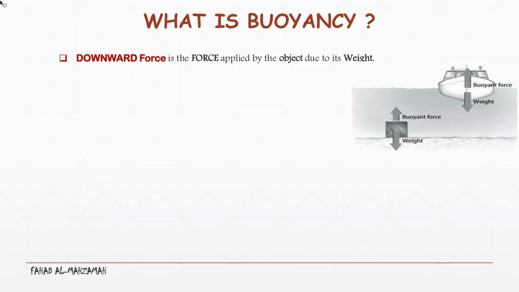Now, let's remind ourselves of the weight formula, since we are talking about the downward force, the weight of the object. So how can we calculate the weight? We know that the weight is equal to mass multiplied by acceleration of gravity. And knowing that the density is equal to mass over volume, we can express the mass in terms of density.